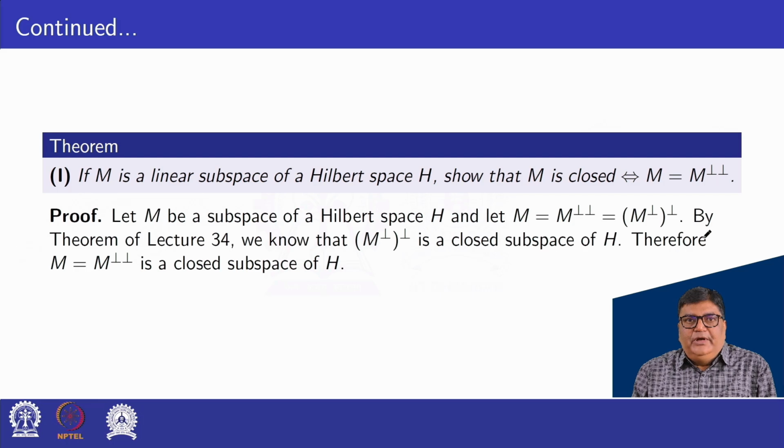By the theorem of lecture 34, if S is a subspace of a Hilbert space H, then S perpendicular is a closed subspace of H. Here M is a linear subspace of Hilbert space H. Then the perpendicular of M perpendicular is a closed subspace of H. Therefore, M equal to M double perpendicular is a closed subspace of H.